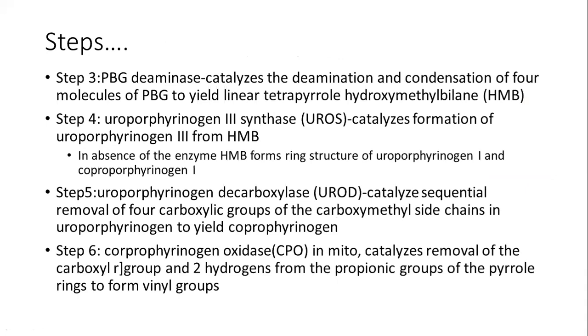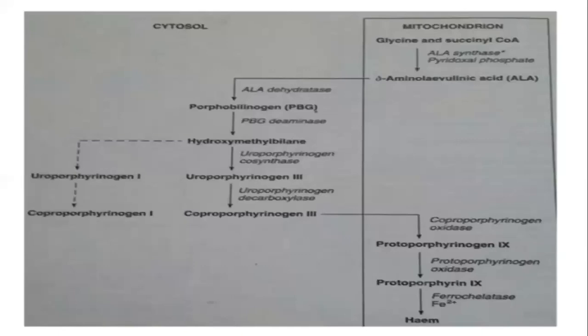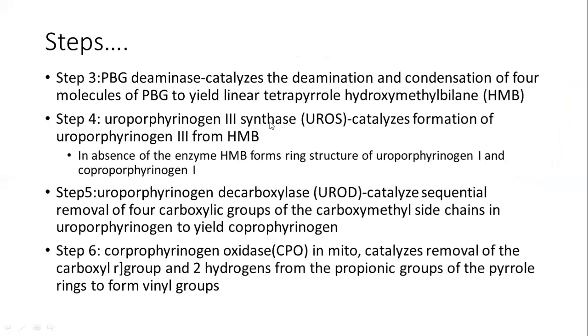So basically, that is step number 3, where hydroxymethylbilane is formed as a result of condensation of PBG. And this is important because this particular step can lead to different outcomes. If you have an enzyme at this point that is dysfunctional, then you start talking about porphyrias. And I think most of you may be having lectures a little later on porphyrias.